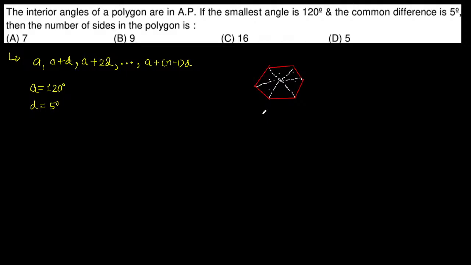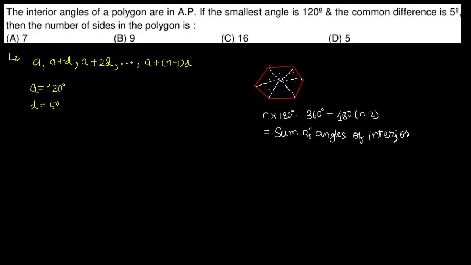So 6 sides means n sides, and the sum of all interior angles is 180 into n minus 2, which is 180 degrees times n minus 360 degrees.